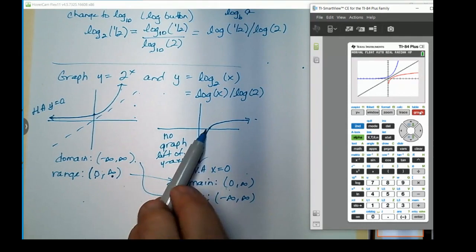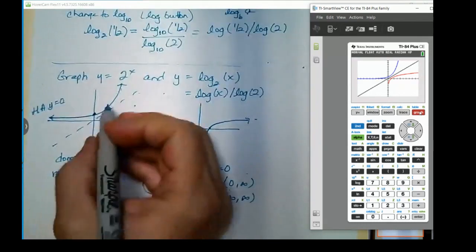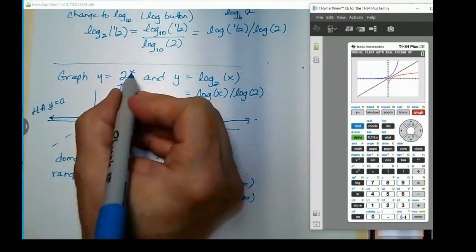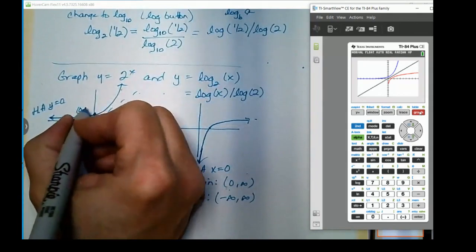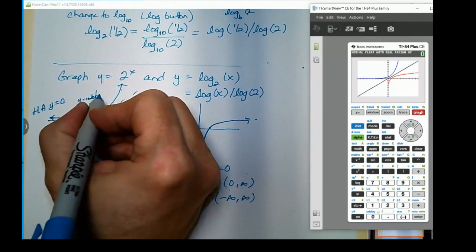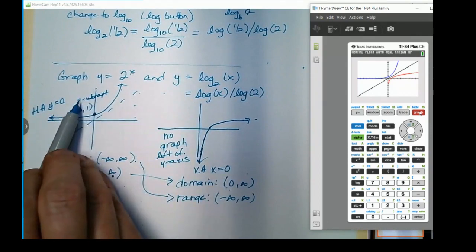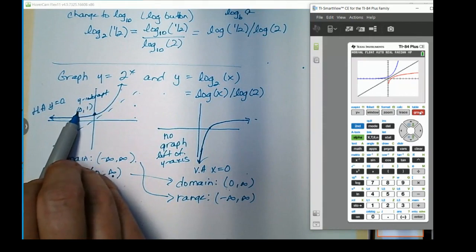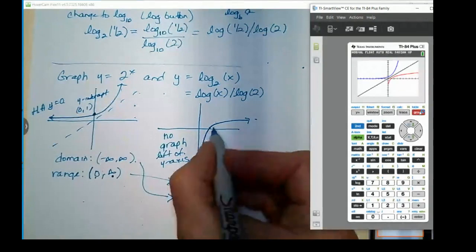One more thing that's happening on these two graphs: on this one, one of our points that we talked about was if we put in 0 for x, we actually end up with 1. So this point right here is (0, 1). That's our y-intercept on this graph. When we switch our x's and our y's, our coordinates switch and our y-intercept becomes an x-intercept.